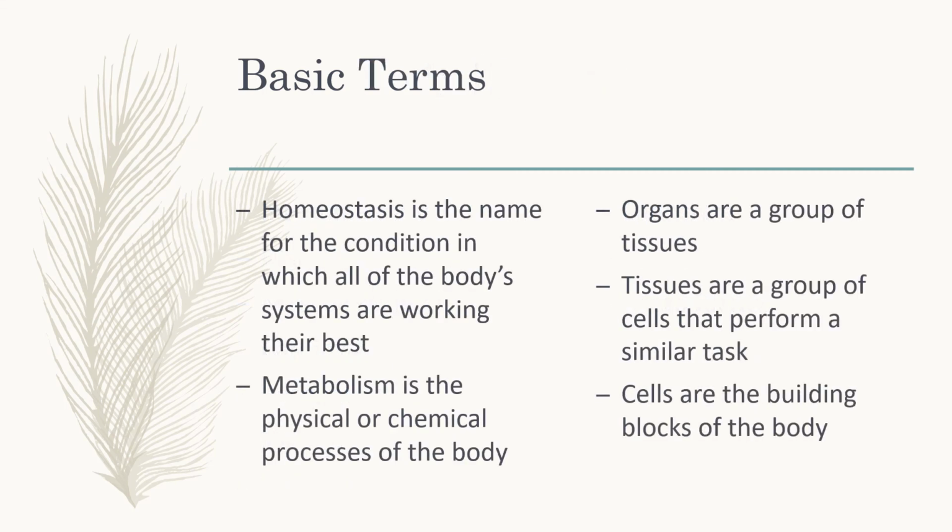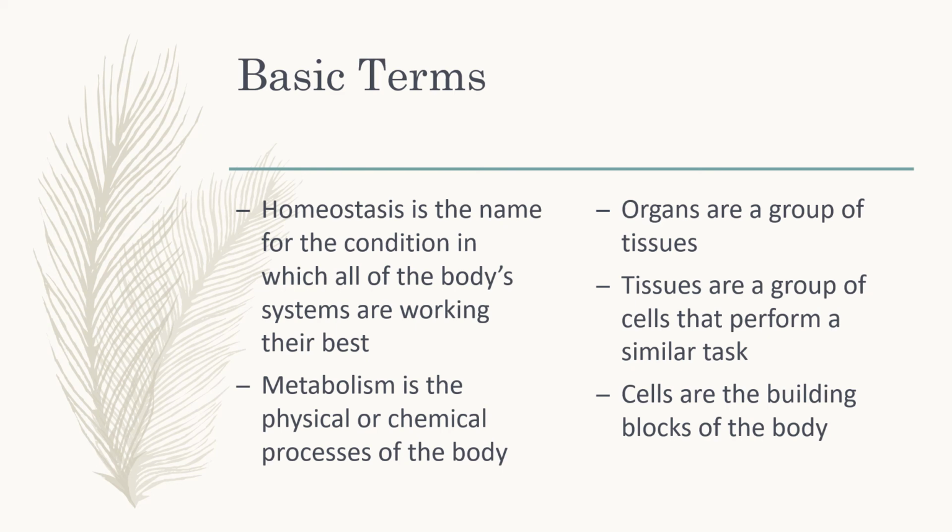Basic terms you need to know for this lecture are going to be homeostasis, which is the name for the condition in which all the body systems are working the best. Think of it, stasis is still. Your body doesn't have to do anything to get it back into balance if it's already still. Metabolism is the physical or chemical processes of the body. It's going to be how you digest your food, how you get energy, that kind of thing.